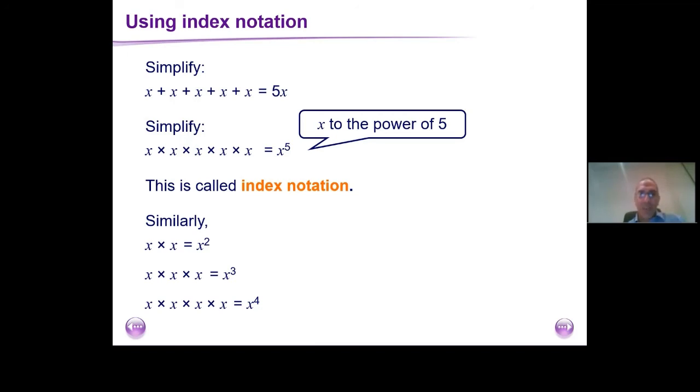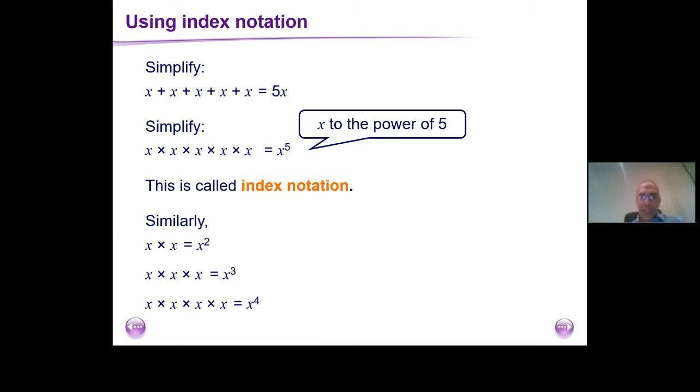And in the top example, it was x plus x plus x plus x plus x. So there's 5 x's added together, it's 5x. So the key difference here is when you add the x's, you have to increase the number in front of the letter, but when you multiply the letter, you increase the number that the letter is to the power of.